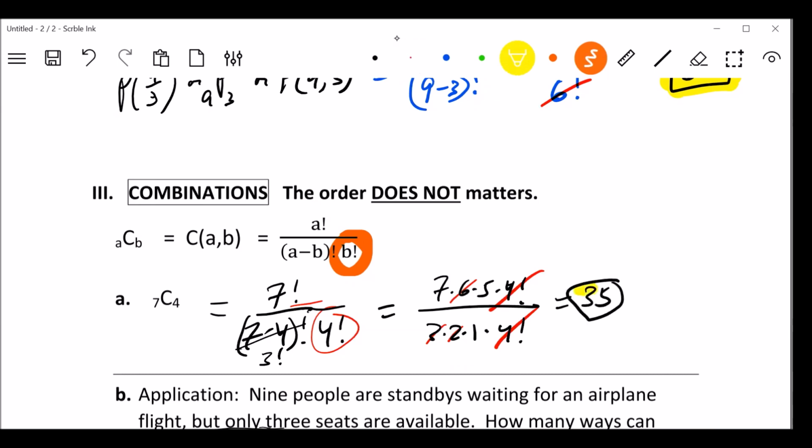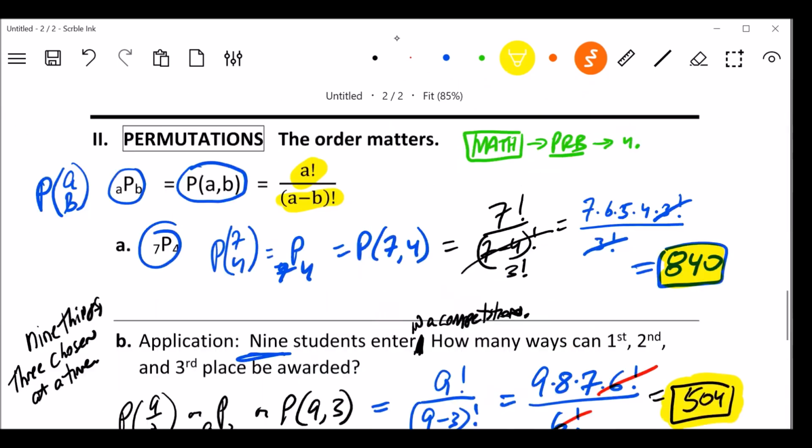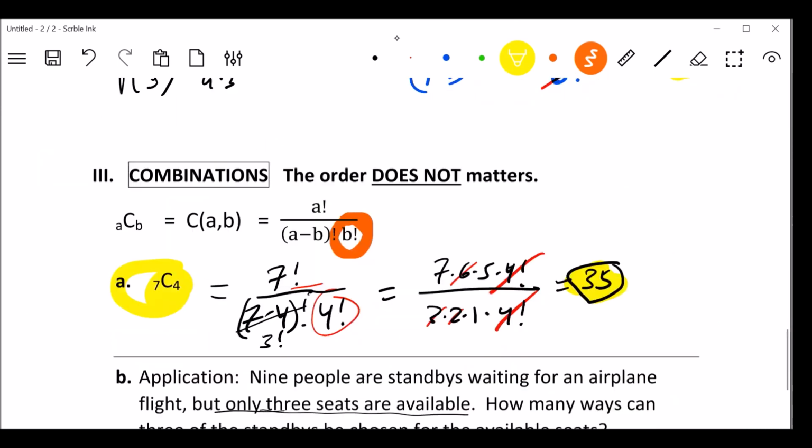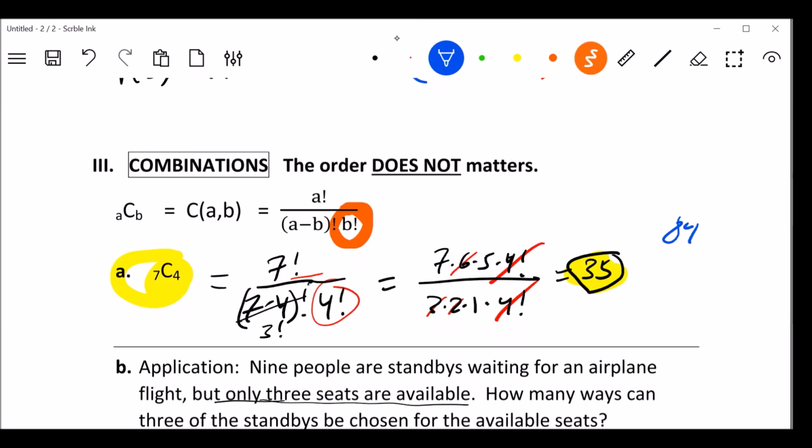Now, let's look at something. For combination of 7 things taken 4 at a time, there's 35 possibilities. Well, permutation of 7 things taken 4 at a time is 840. So we have 840 and we have 35.